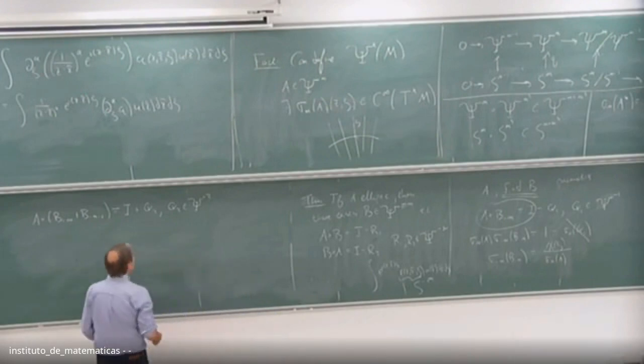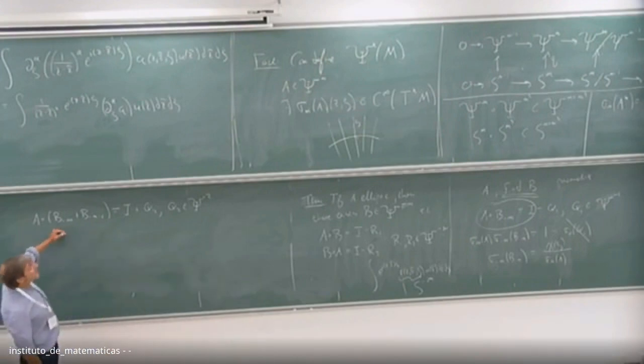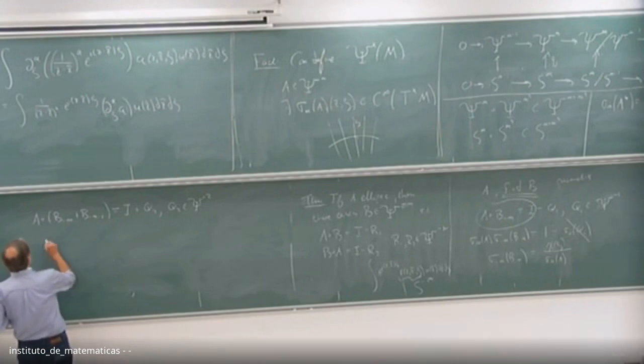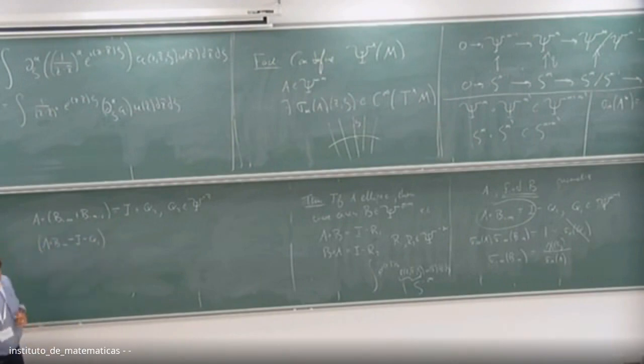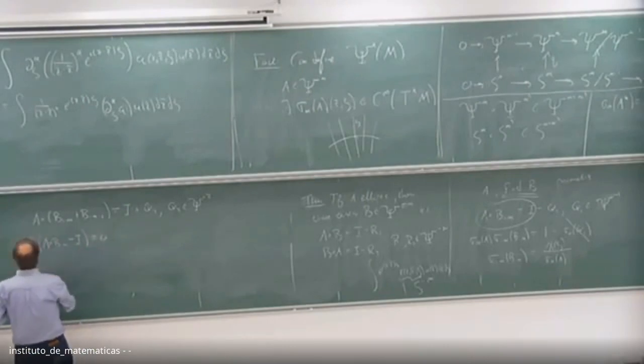Okay, so how do I find a slightly better remainder term here? I want to take A composed with B minus m, minus the identity, minus Q1. What I know about that is that the symbol of order 0 of this is equal to 0, which means it is an operator of order Q1.